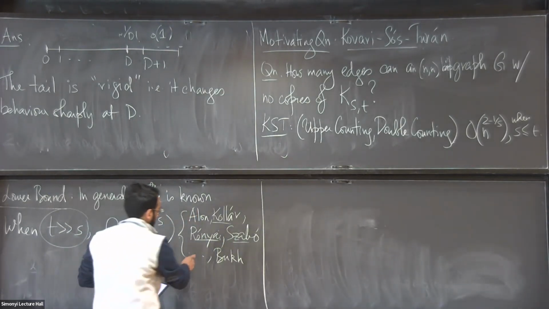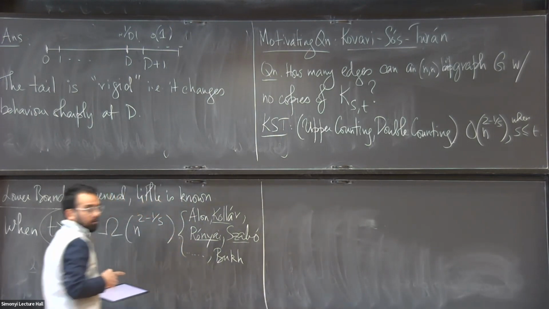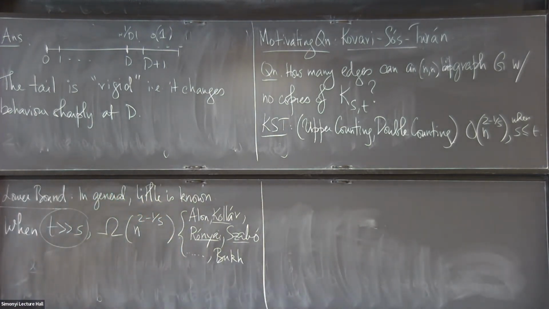Most recently, Boris found a way of constructing these graphs. What's different in Boris's construction is that the previous constructions are explicit in that they're algebraic, where you write down the algebraic definition of these graphs, whereas Boris's construction mixes probability and algebra.